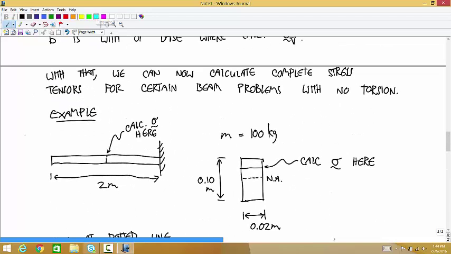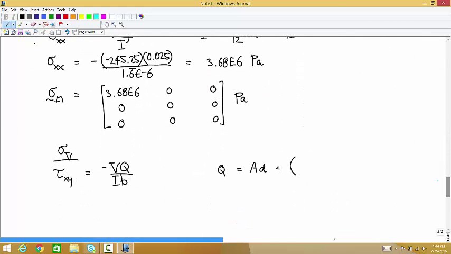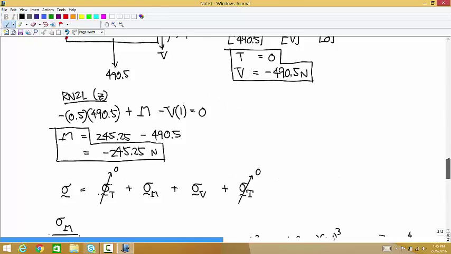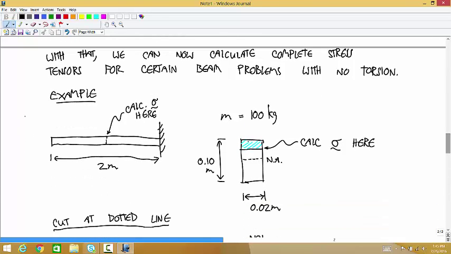The area of this is 0.02 times 0.025. And then what's the distance from the neutral axis to the centroid of that region?